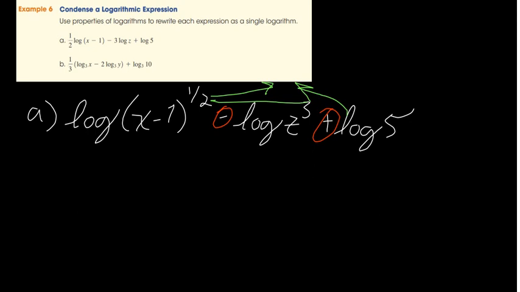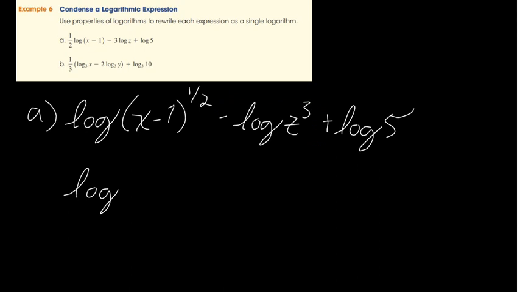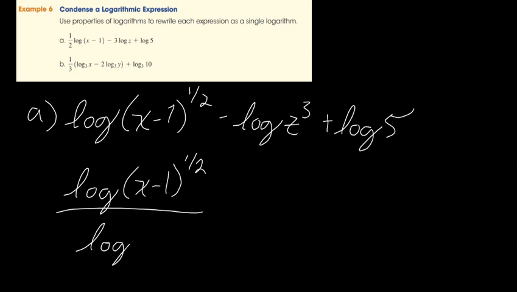Because we do indeed have that minus sign, it means we're going to have a division. So we're going to end up with log of x minus 1 raised to the 1/2 power over log of z cubed. And then that's plus log of 5.